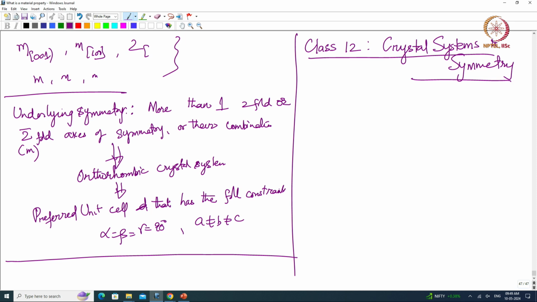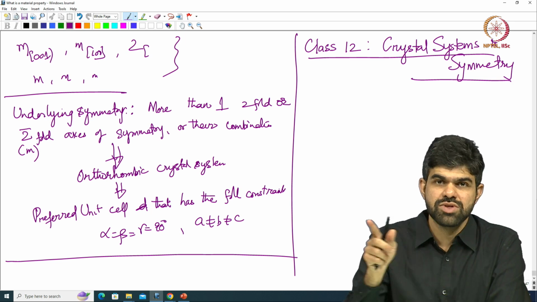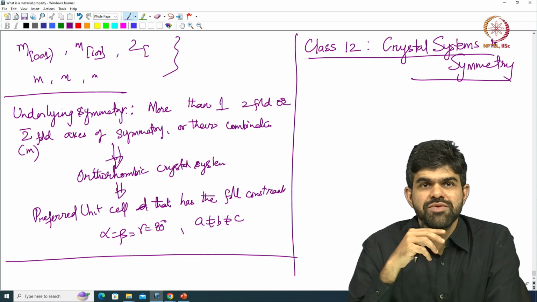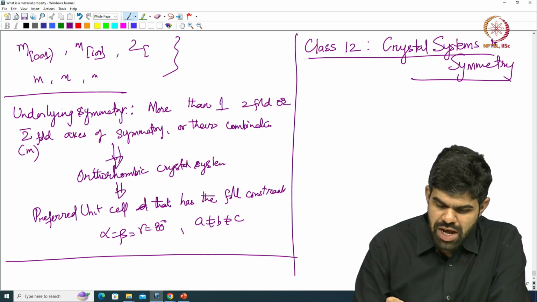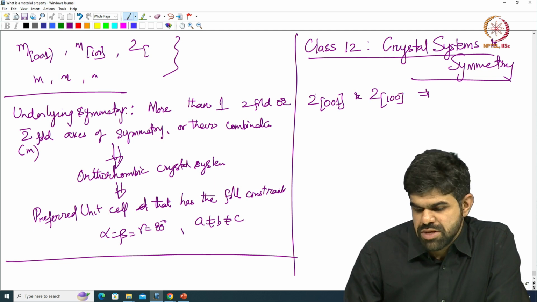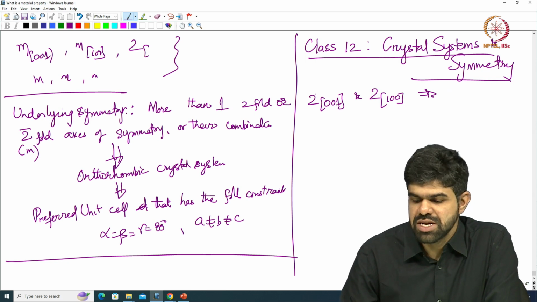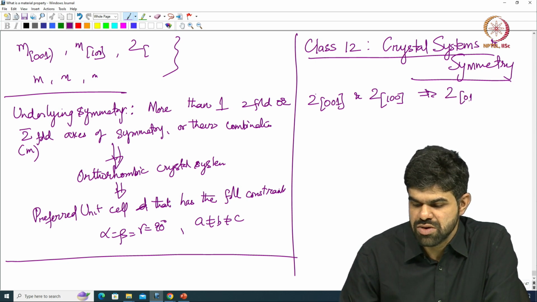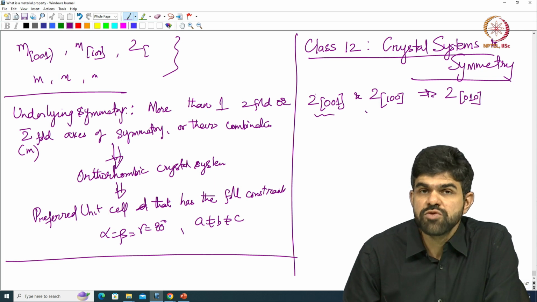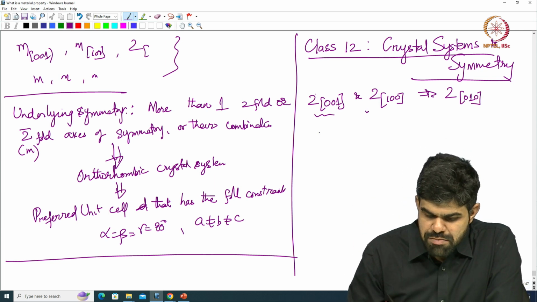If I have a two-fold along 1 0 0, I will also have a two-fold along 0 0 1, and later on when we are doing point groups, I am going to say that if I have a two-fold along 0 0 1 and a two-fold along 1 0 0, this is easy to show, it means that there is a two-fold along 0 1 0, right. So, if I have two two-fold axes, that is equivalent to having 3 two-fold axes, right.